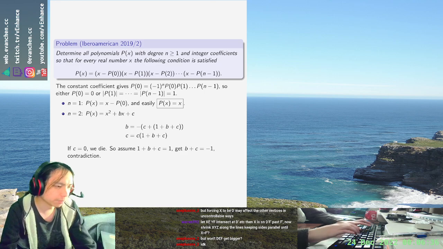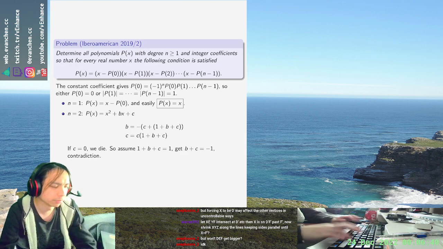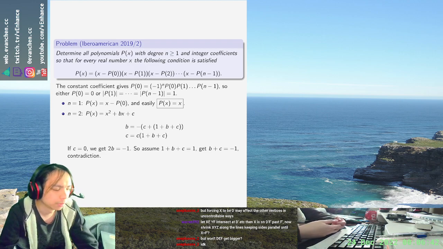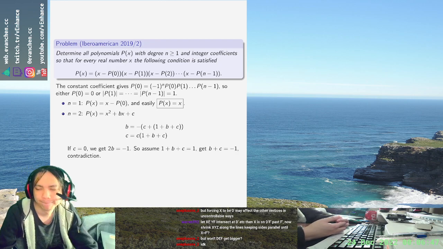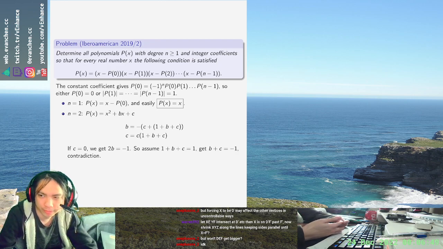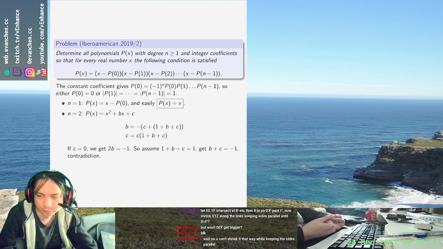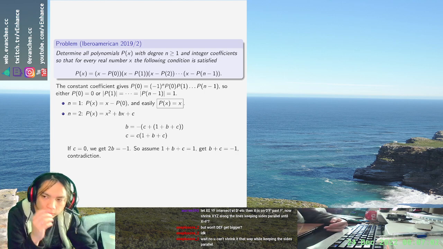Yeah, so I think integer might be important here because I have this system of equations, and if I allow non-integer solutions, there will actually be solutions. Like c equals 0 and b equals minus 1/2 is actually a solution. So I probably do actually need to use the integer condition to not get solutions for large values of n.